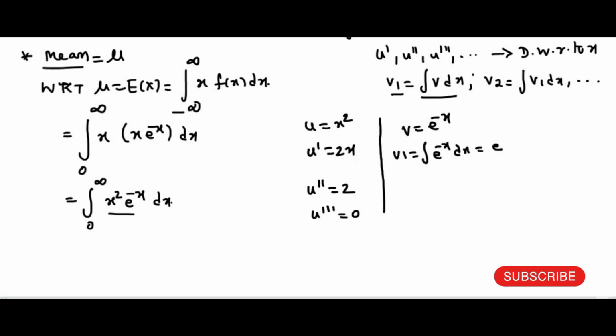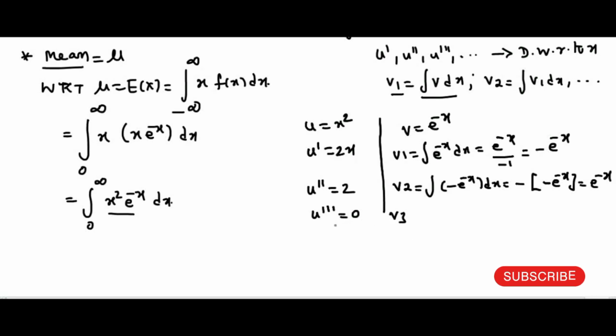That is e power minus x by minus 1, which is minus e power minus x. How to find v2? Integration of minus e power minus x with respect to x is equal to e power minus x.